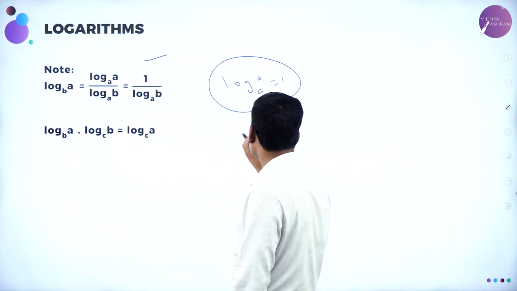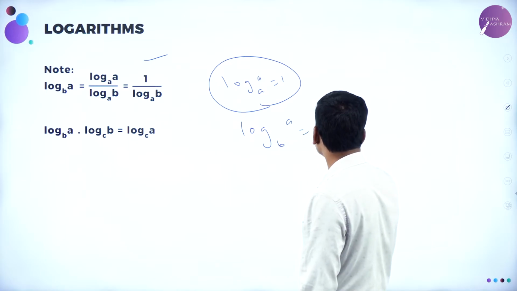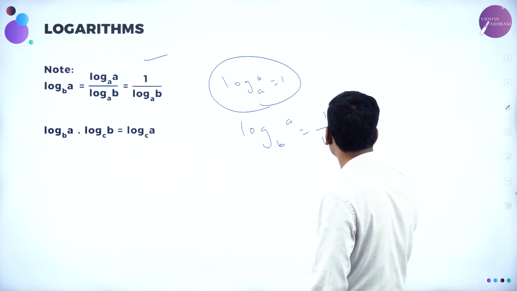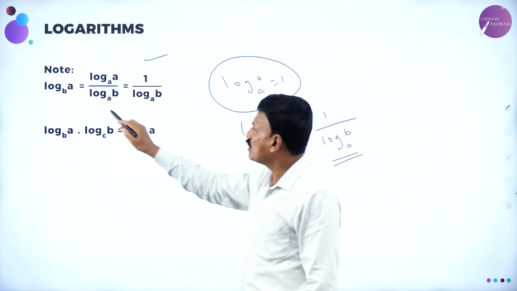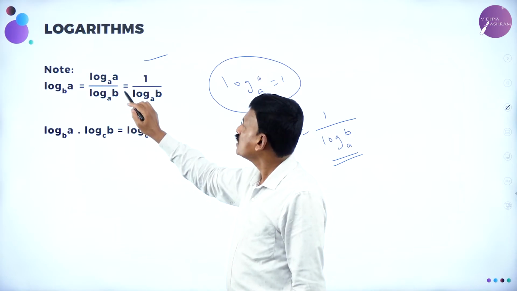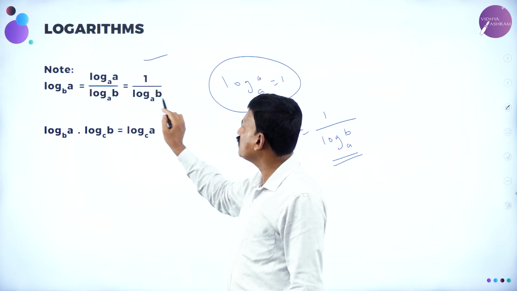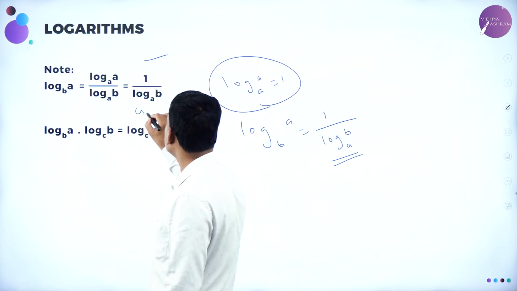That means logarithm of a to base b can also be written as 1 over logarithm of b to base a. That is changing the base to a.